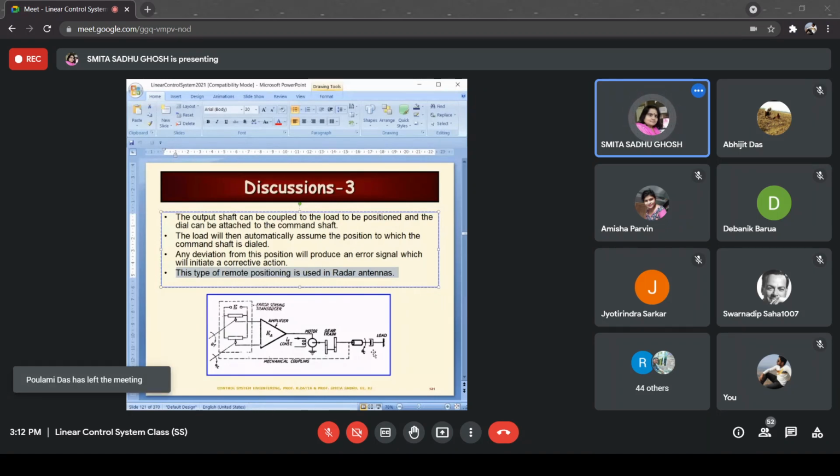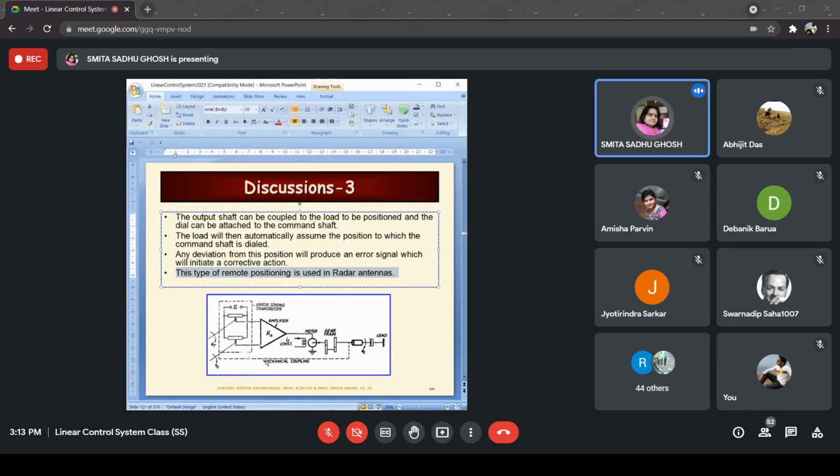Now let us say that the target is a moving target, and it has shifted from 55 degrees to the 62-degree position. So again, the operator will make a change in the command shaft position, and accordingly the load shaft will follow, right? This is, of course, a very basic system that I've tried to describe.